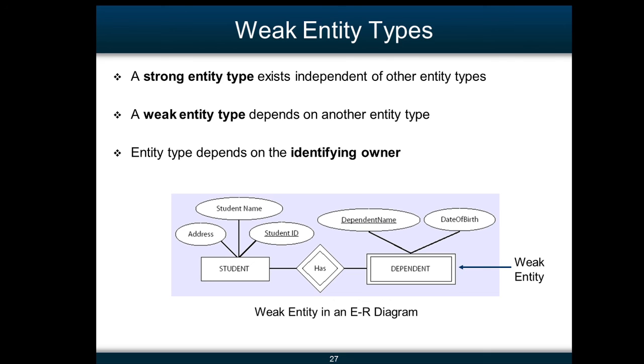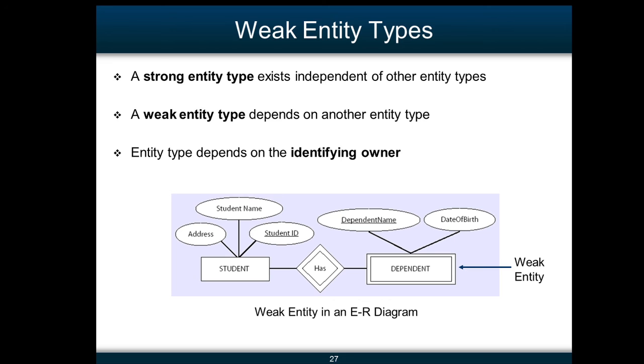We also have what we call the weak entity types. A strong entity type exists independent of the other entity types, while a weak entity type depends on another entity type. The entity type depends on the identifying owner. So for example, we have the student entity, and it has dependent.